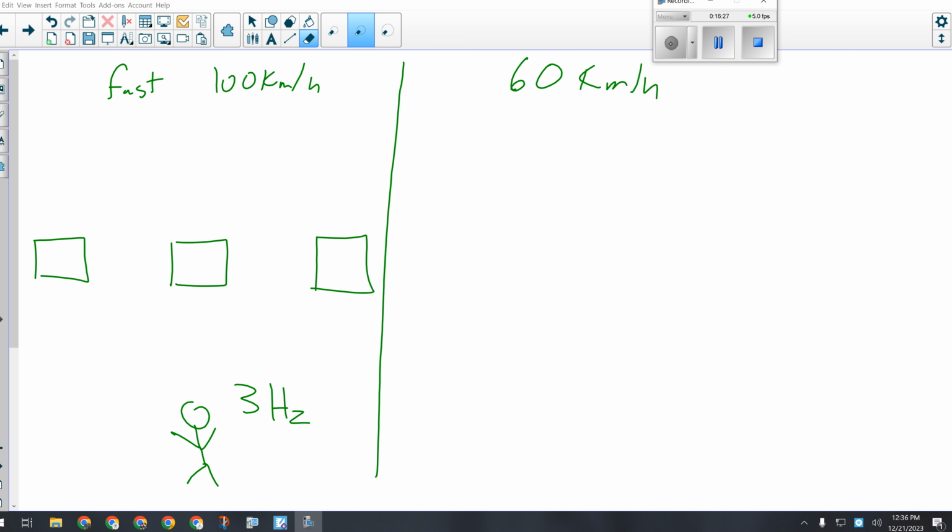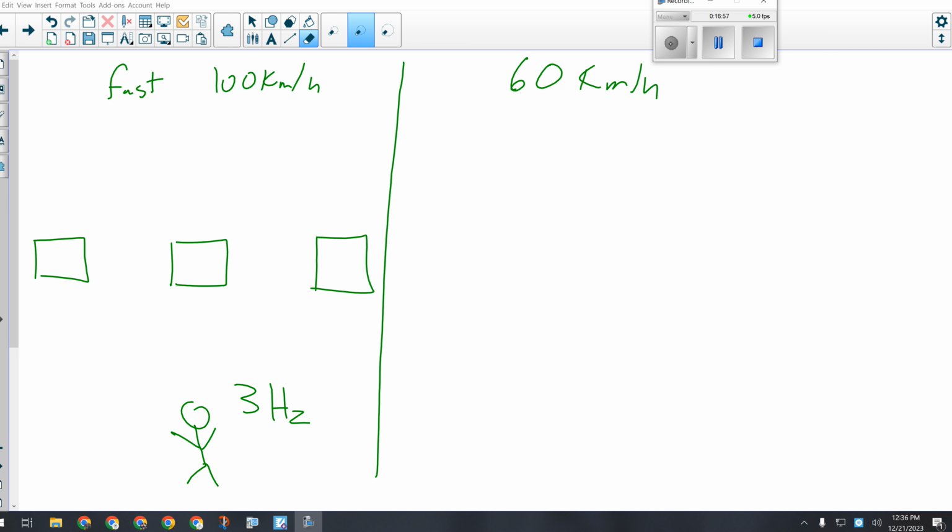All right, so out here, if I'm standing and observing, 3 cars go by in a second. Now, when this car crosses the line into the 60-kilometer-an-hour area, it's going to slow down. It's going to go slower, but this car's not in the 60-kilometer-an-hour area yet. So what's going to happen to the distance between them? It's going to close up. And then this one will pass into the 60-kilometer-an-hour area and slow down, and then this back car will catch up to it.